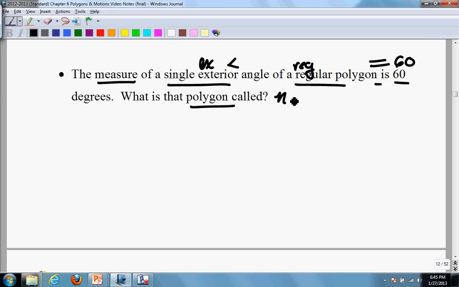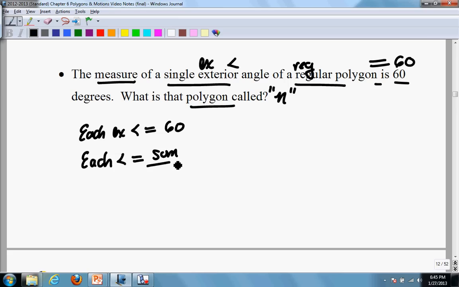And we learned before that each angle of a regular polygon equals sum over sides. We're dealing with exterior, so our sum is 360. Our number of sides is our unknown n. But whatever this is, it must equal 60 degrees. So to figure this out, it's simply 360 divided by what equals 60.